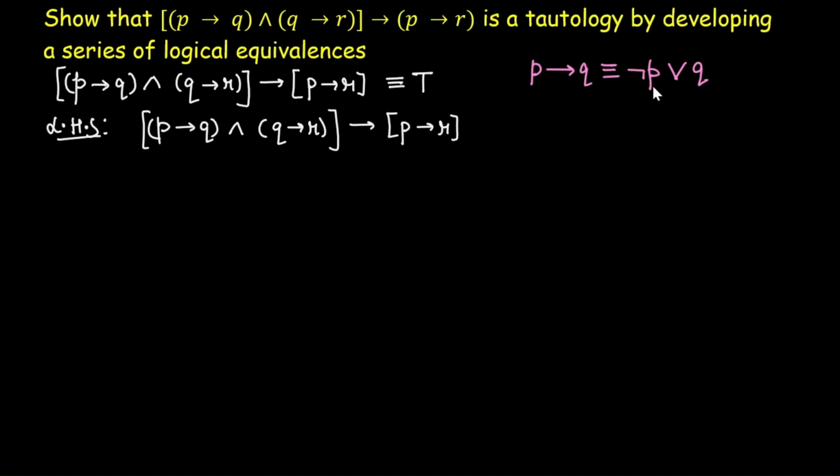Means negation of the first statement, operator gets converted into OR and second statement as it is. We can apply this result in these three cases. In place of this, negation P or Q, in place of this, negation of the first statement, that is Q, arrow gets converted into OR, R is as it is. In place of this we can write negation Q or R, and in place of P implies R we can write negation P or R.